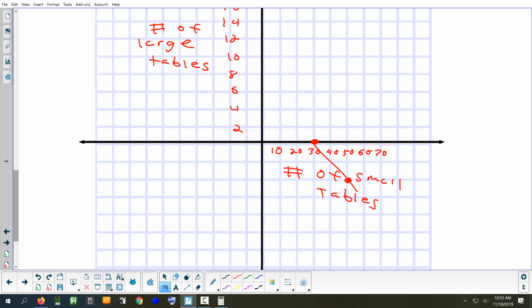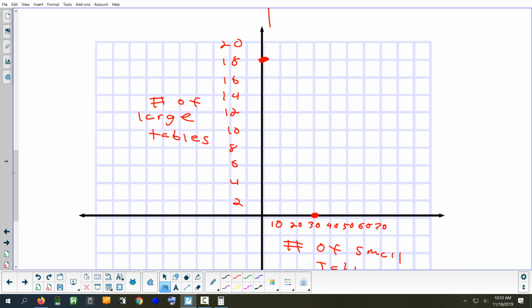No. That's why when you draw your line this time, you're just going to do it like this. That's it. It doesn't make sense to keep going below the axis or to the left because you can't have negative large tables and you can't have a negative number of small tables. That doesn't make sense in real life. It has to just be positive.